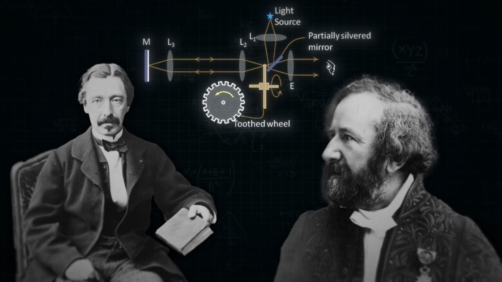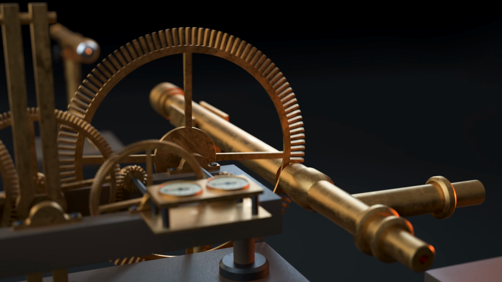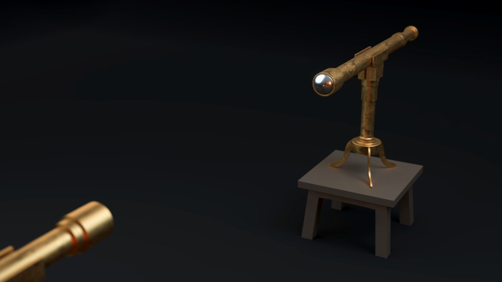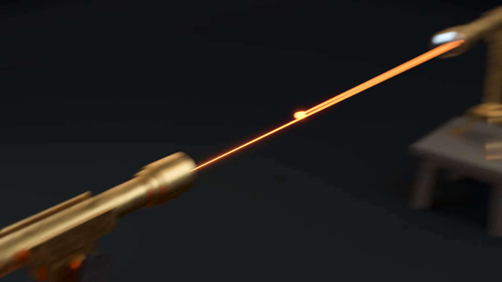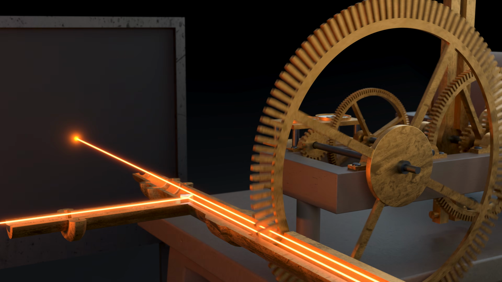So scientists in the 1800s came up with a different way to measure light speed, with two-way round-trip measurements. They built a device with a spinning gear, and they shined light through the gear over to a mirror on a distant hilltop. The mirror reflected the light back through the spokes of the spinning gear to a detector.